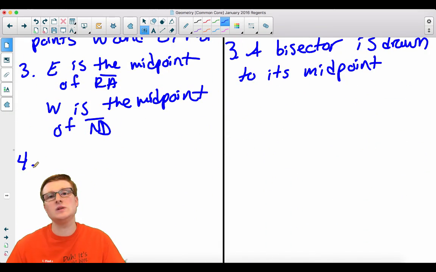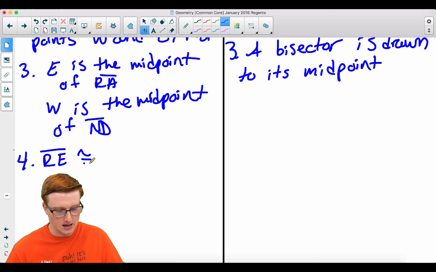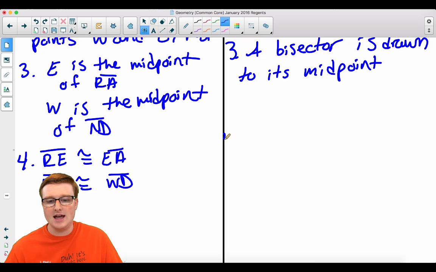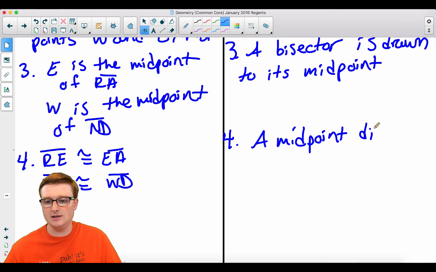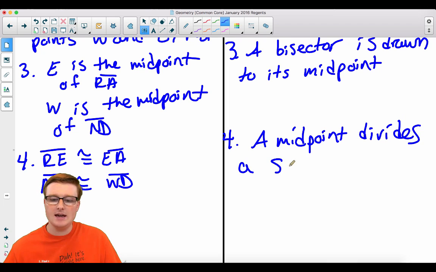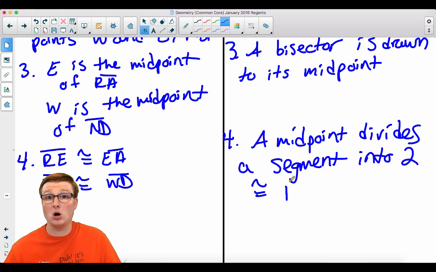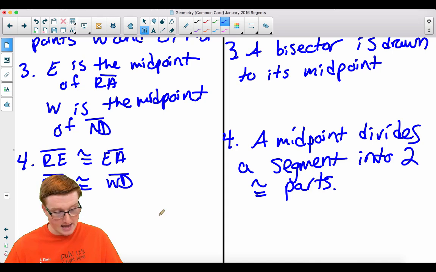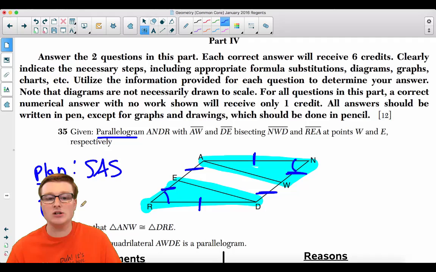Number 4. Now, since we said it's a midpoint, we have to state that these segments are congruent to each other. So I'm going to say that RE is congruent to EA, and I'm going to say that NW is congruent to WD. And your reason is a midpoint divides a segment into two congruent parts. Great. Now, number 5, I'm going to say, well, okay, we just proved all that.